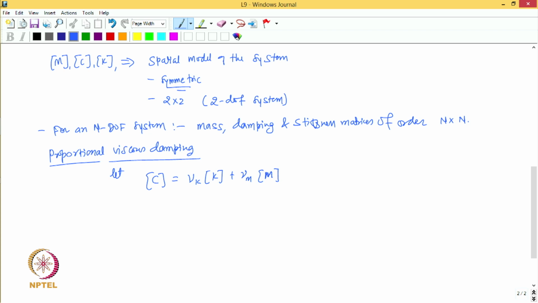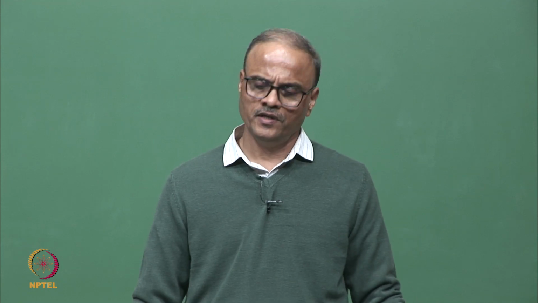So C is a linear combination of the stiffness matrix and mass matrix, and nu k and nu m are damping proportionality constants. These constants define how the damping matrix is related to the mass and stiffness matrices. So if these constants are given, the damping distribution gets defined.